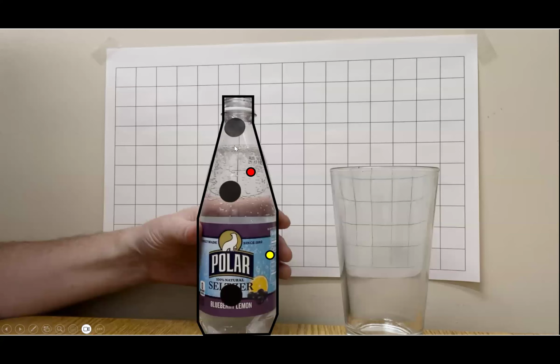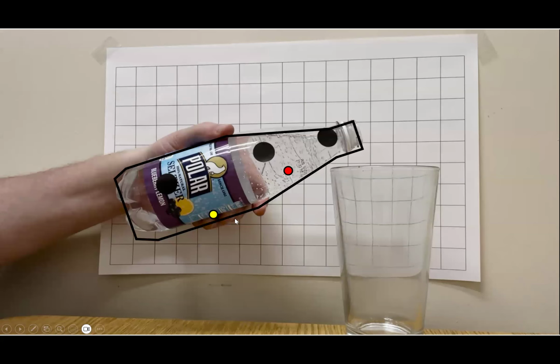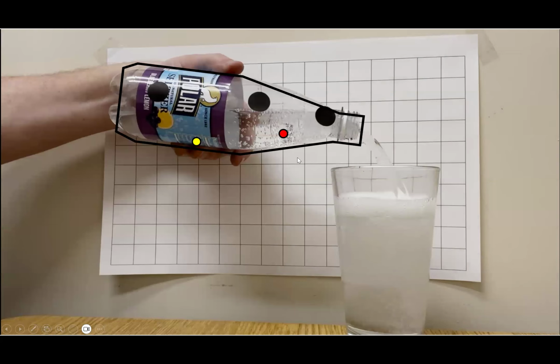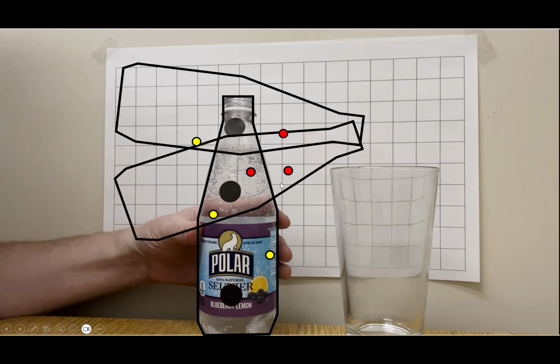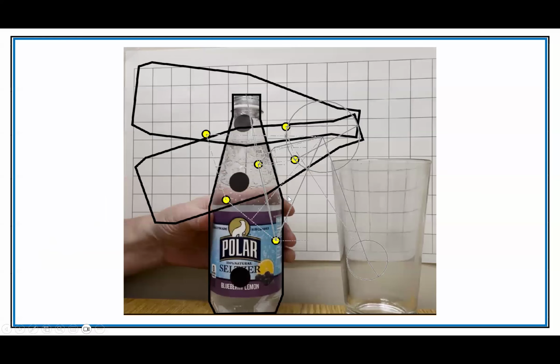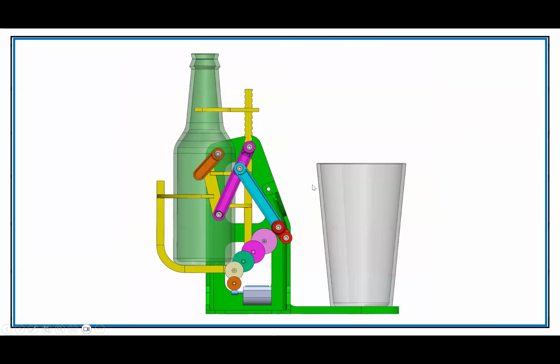First off, I tried the little black spots, and then I chose, actually using PowerPoint, to pick these spots and this orientation and find these locations for the connection points and to make a mechanism based on that.